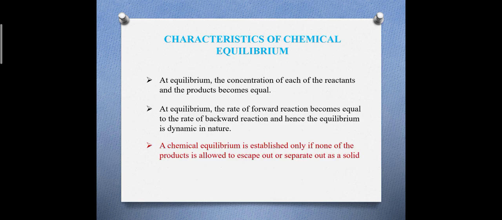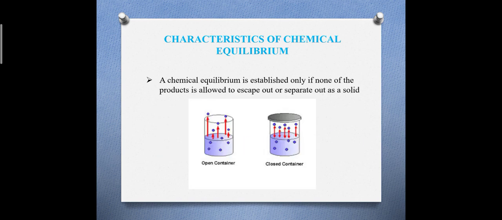The third characteristic is that a chemical equilibrium is established only if none of the product is allowed to escape out or separate out as a solid. Here you can see that in the open container the particles escape into the surroundings. Thus, they cannot come back to the container.